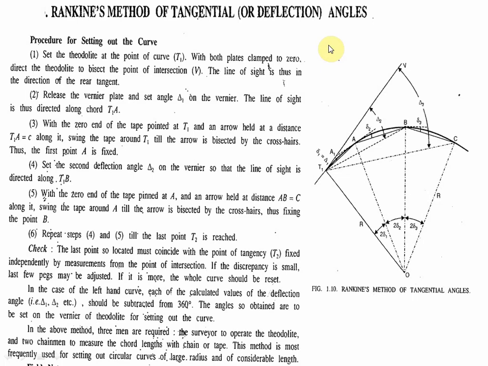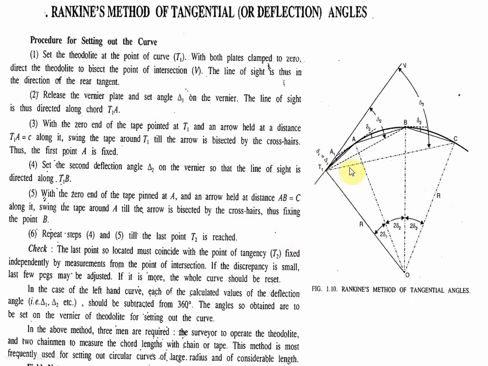Rankine's method is nothing but this procedure conducted using the instrument, that is the theodolite. So in this method we set out the curve using a theodolite. First mark the point T1V and set up the theodolite at the point of curve, PC, that is T1, with both the plates, upper and lower, clamped to 0.